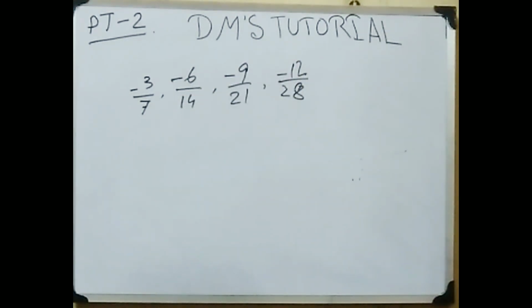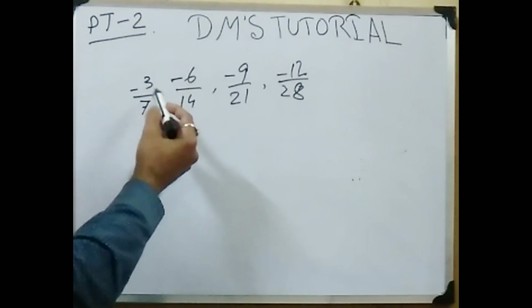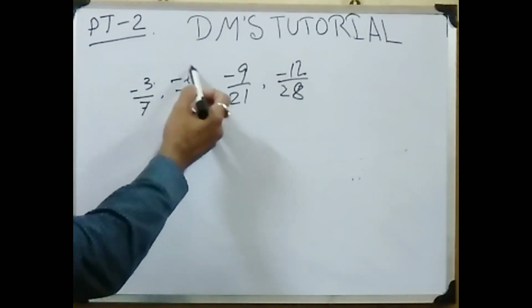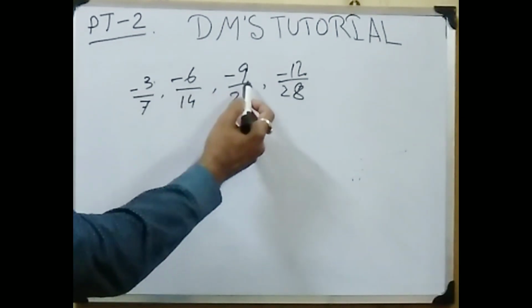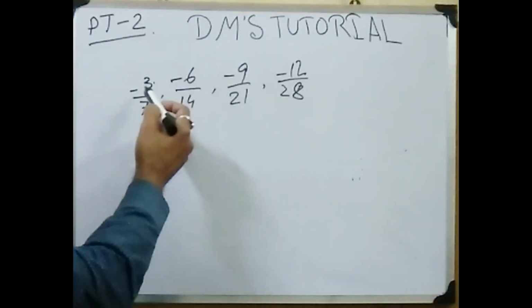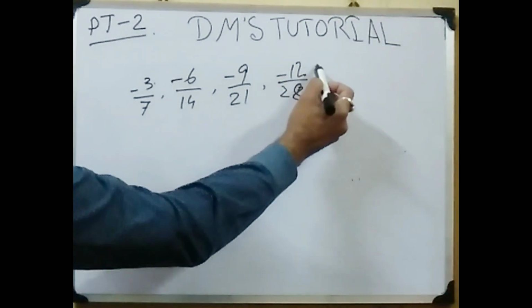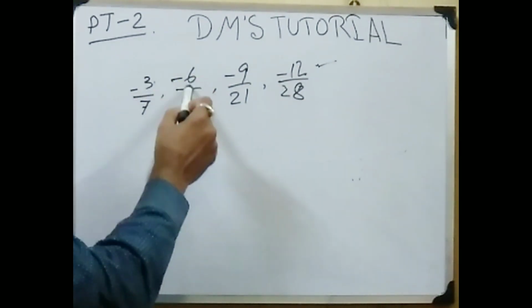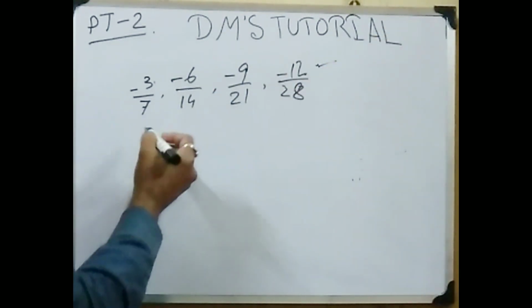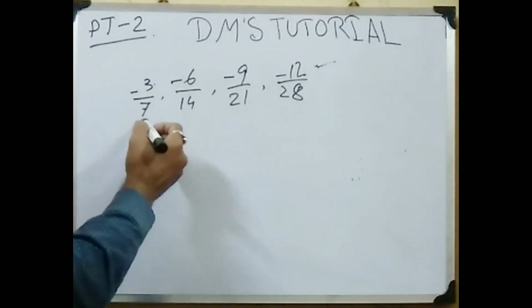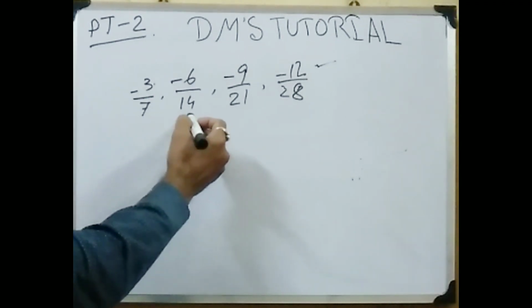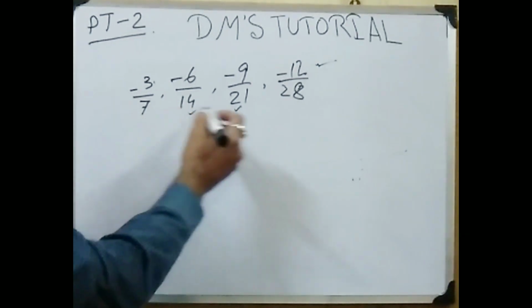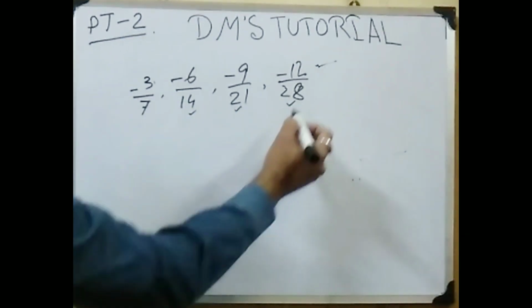Now what is the pattern here? Look closely. Minus 3 multiplied by 2, we get minus 6. Minus 3 multiplied by 3, we get minus 9. Minus 3 multiplied by 4, we get minus 12. So the first number is multiplied by 1, 2, 3, etc. Same case in the denominator also. 7 multiplied by 2, we get 14. 7 multiplied by 3, we get 21. 7 multiplied by 4, we get 28.